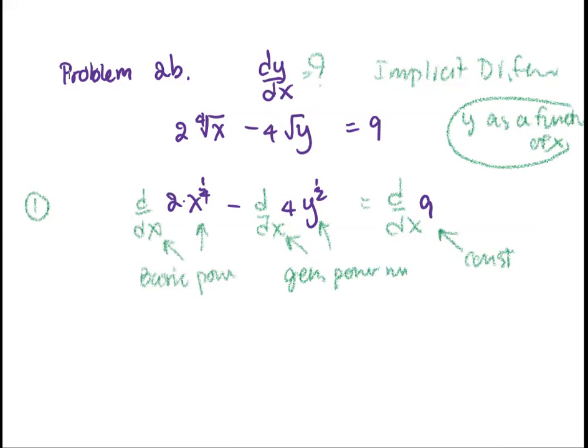And on the side notes, the general power rule for the term that we have a function g of x: the derivative with respect to x of the quantity g of x to the power n equals n times the quantity g of x to the power n minus 1, and then multiply by g prime of x.